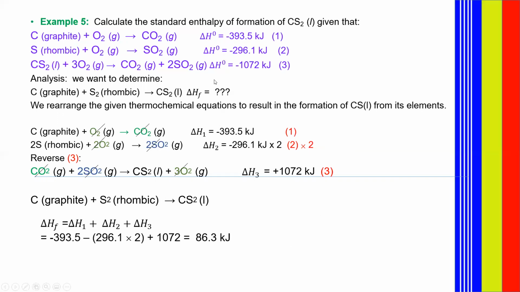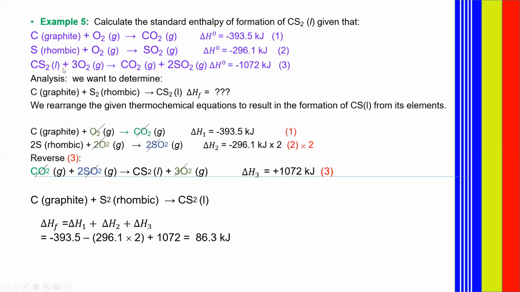Now let's look at another example. What is the standard enthalpy of formation for CS2 given the following thermochemical equation? Really what you need to do is rearrange this equation.